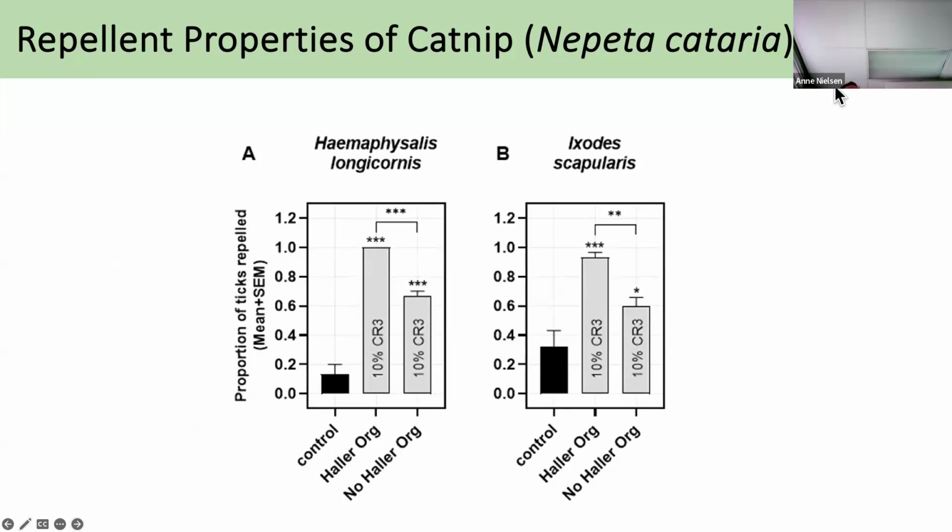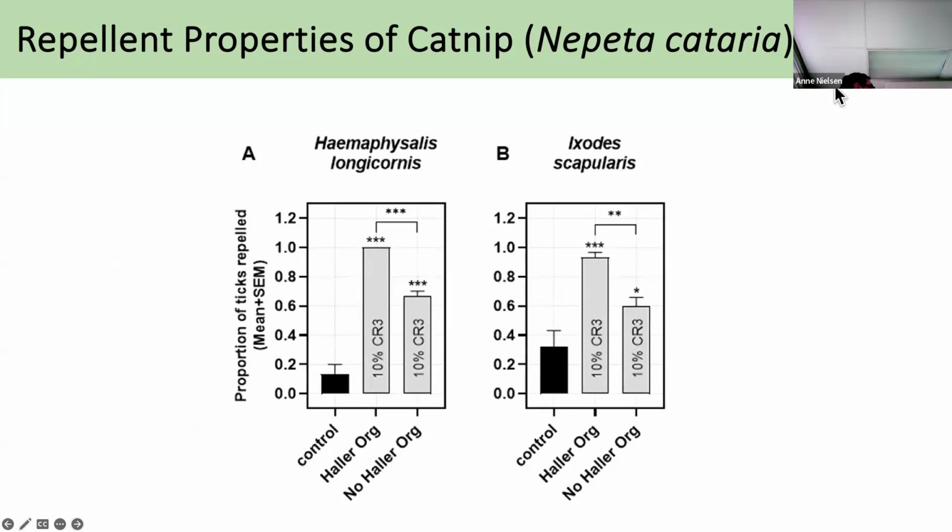It can also detect infrared light, for example, which might help ticks to quest and detect the host. But we know it's fundamentally the organ that they use for olfaction. So in this experiment we basically removed Haller's organ from Haemaphysalis longicornis and from Ixodes scapularis, and saw what happened when we put them in the presence of CR3.